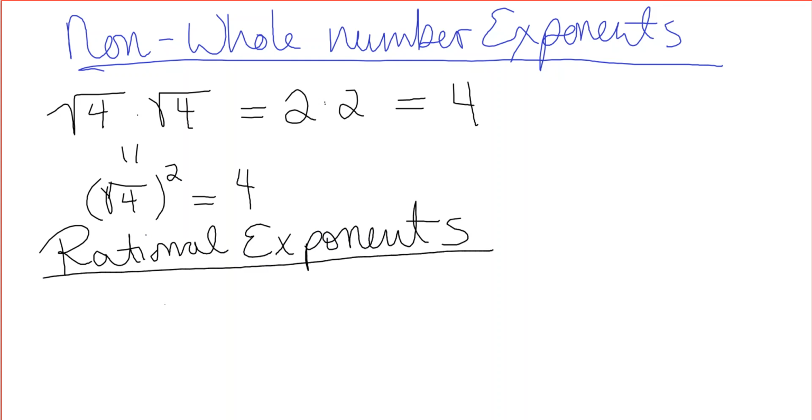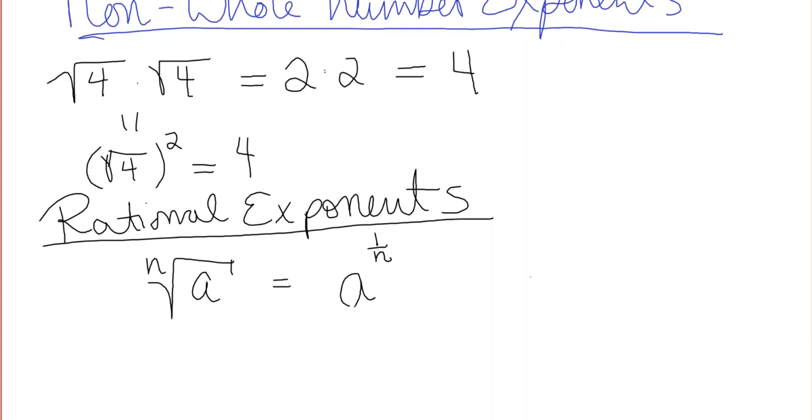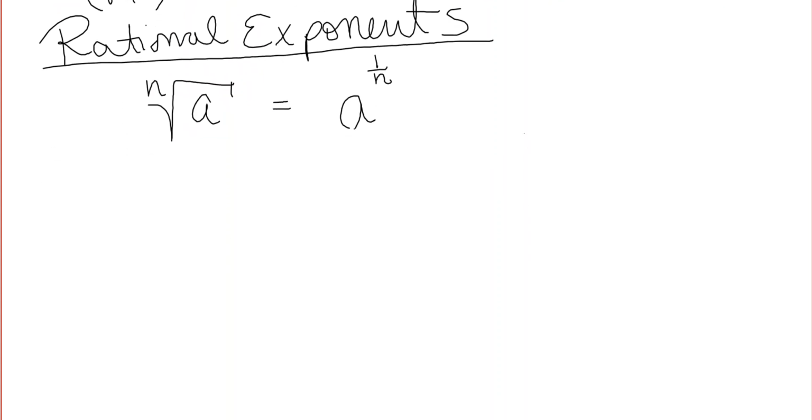Rational exponents are if I have a number under a specific root, that is the same as having that base value to the fractional version of that exponent. And let me show you how that works and why it works, because otherwise that seems like a crazy idea. And the answer is, it's all in the roots.